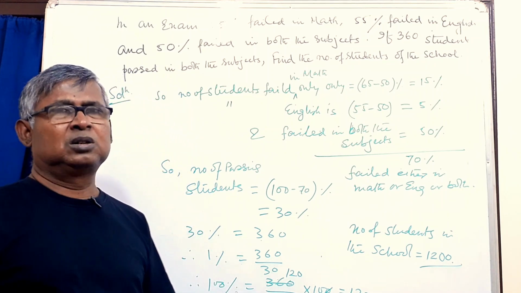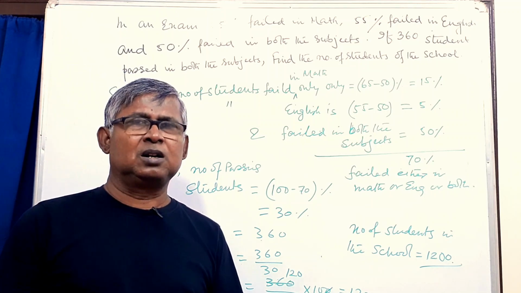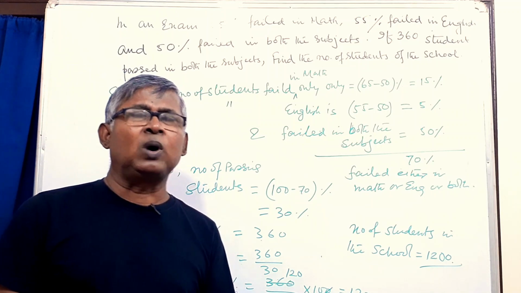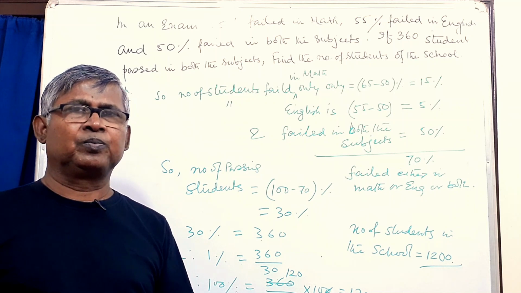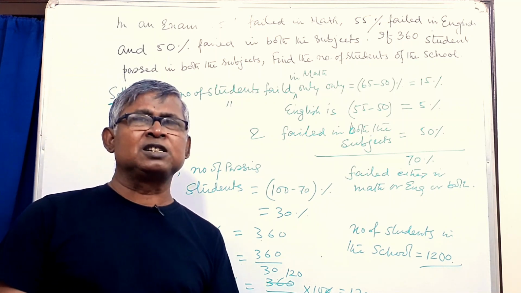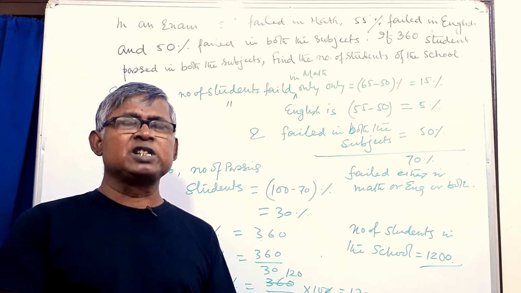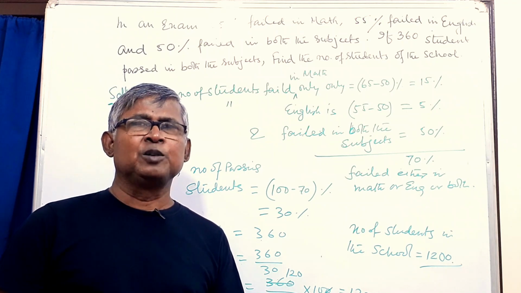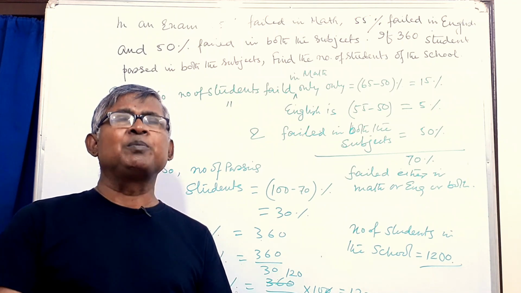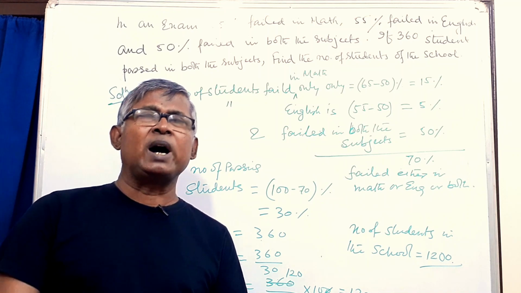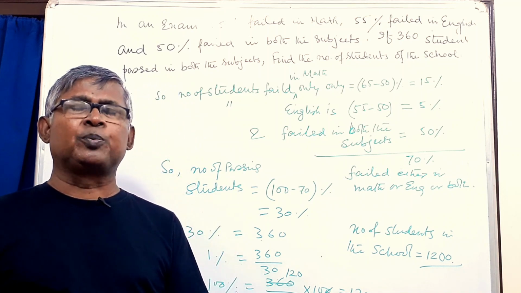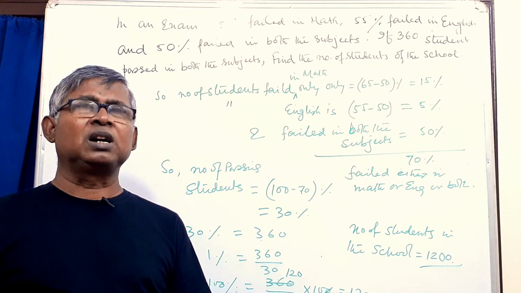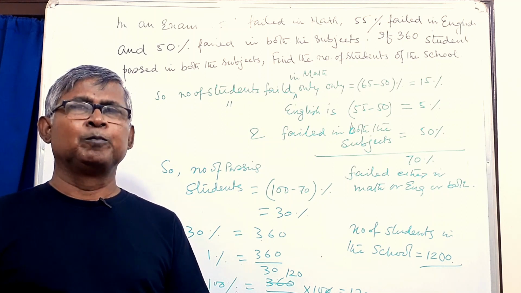In this video you learn what is percentage and what are the applications and various conversions, percentage to decimal and decimal to percentage, percentage to fraction and vice versa. So I like to advise you to follow the video from beginning to end to learn the chapter properly.